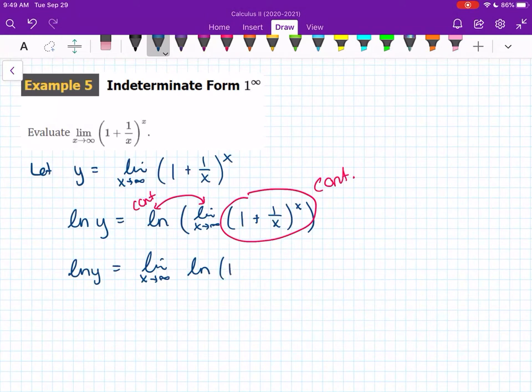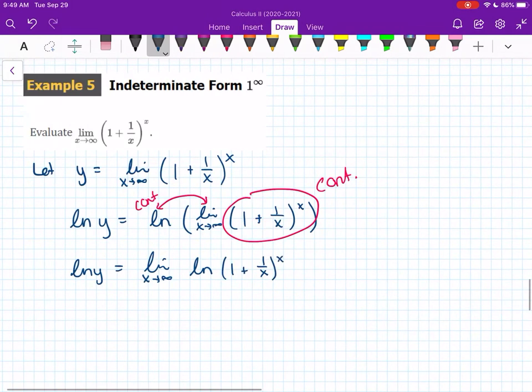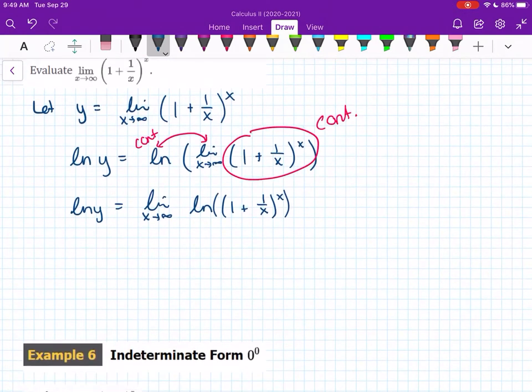Okay, so then I get the natural log of 1 plus 1 over x to the x. And now I can pull that x out in front of the natural log. So now I get the natural log of y equals the limit as x approaches infinity of x times natural log of 1 plus 1 over x.